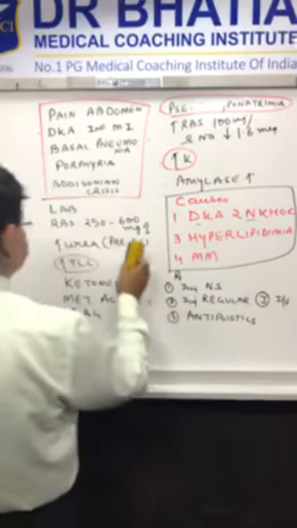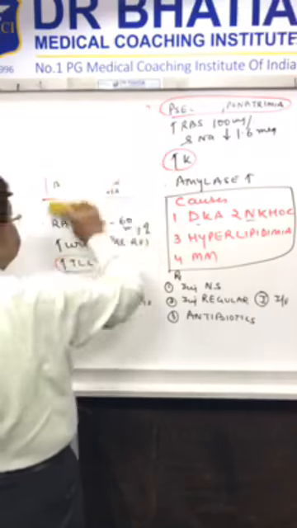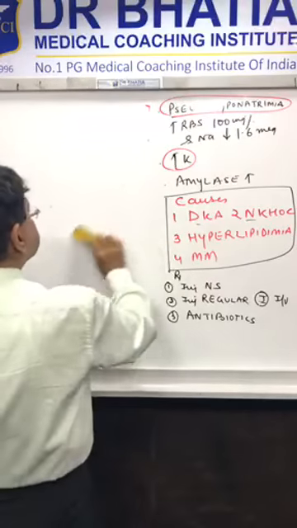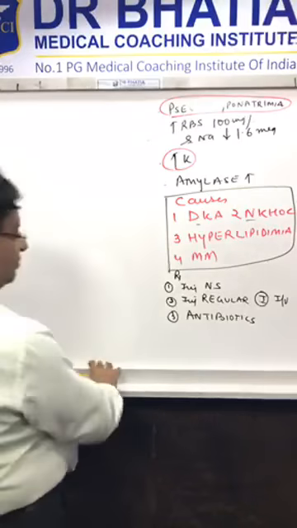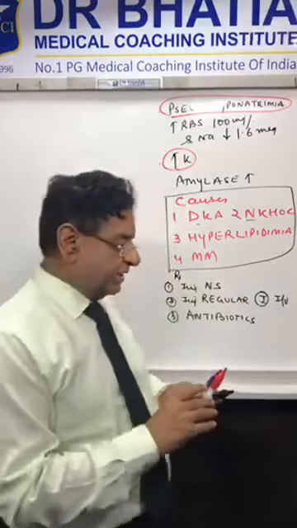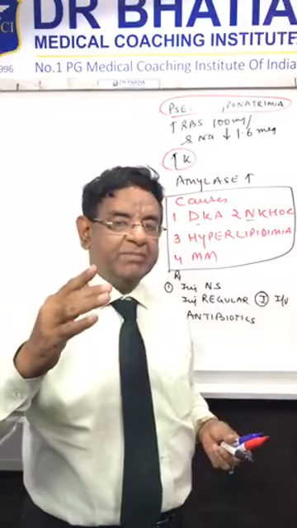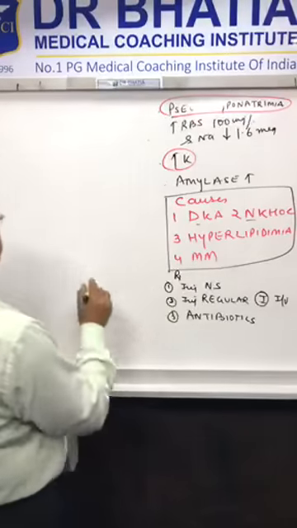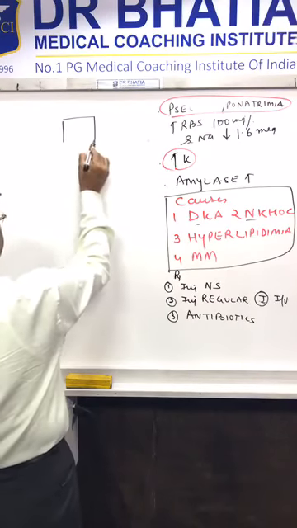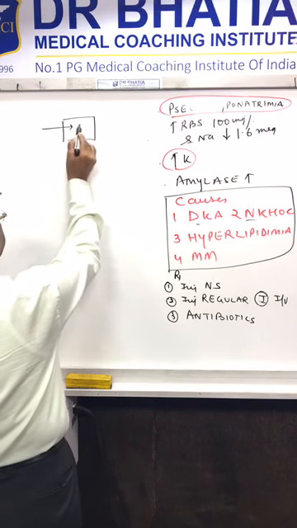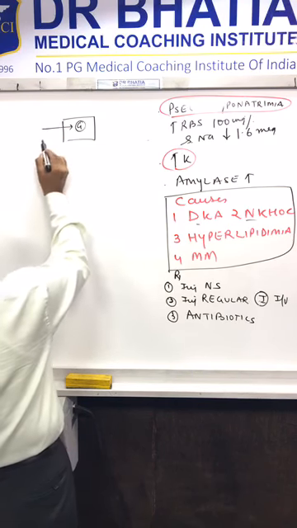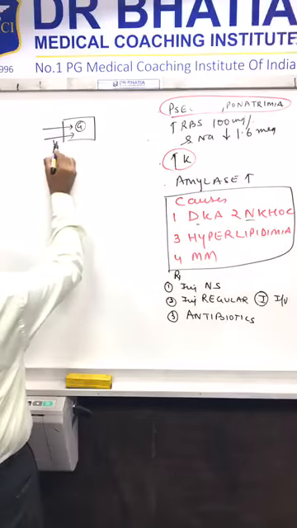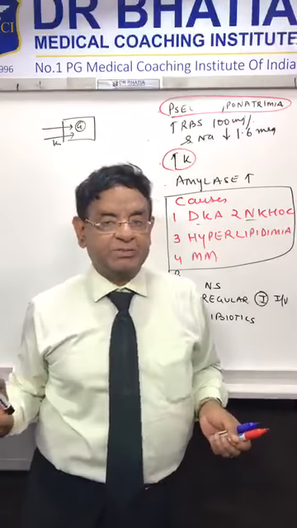Now something very interesting. When the patient comes initially, the patient comes with hyperkalemia. That means potassium level is very, very high, and this is all due to acidosis. So in the beginning it is hyperkalemia because of acidosis, but once we start treating the patient with insulin, what happens? This is the cell, and due to insulin, glucose will go into the cell, but when the glucose enters the cell, it takes potassium with it as a co-transport.